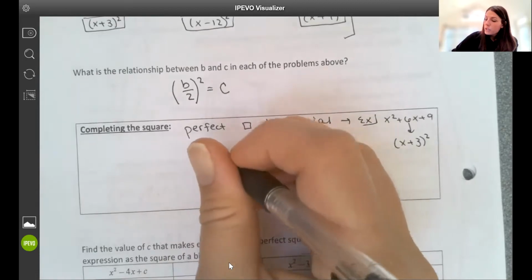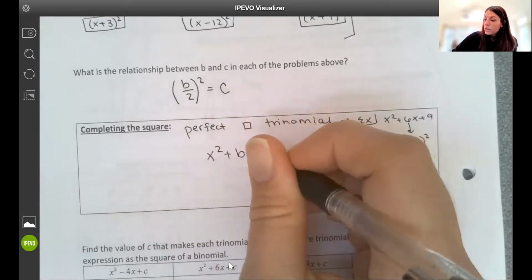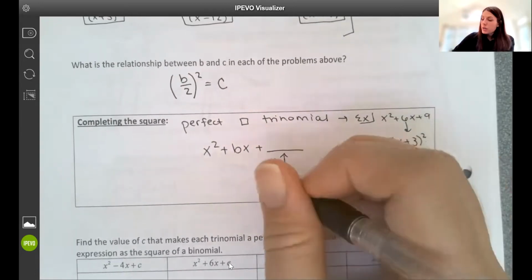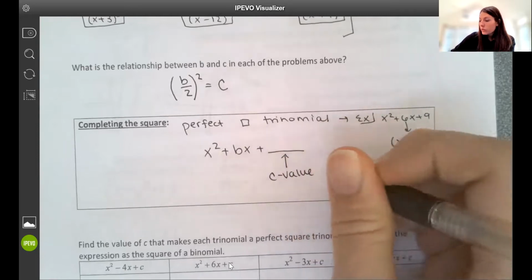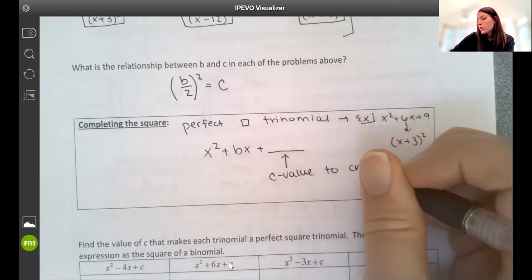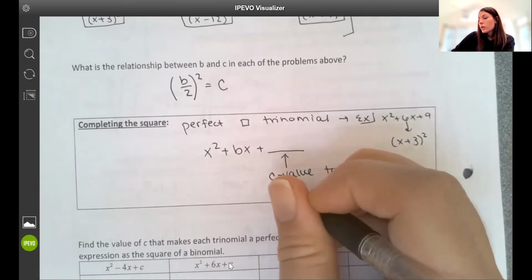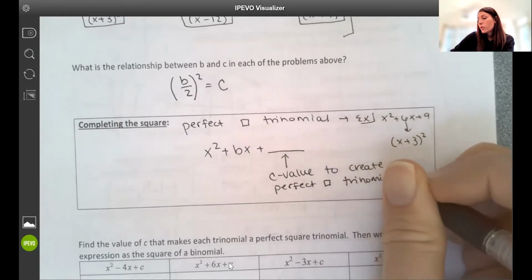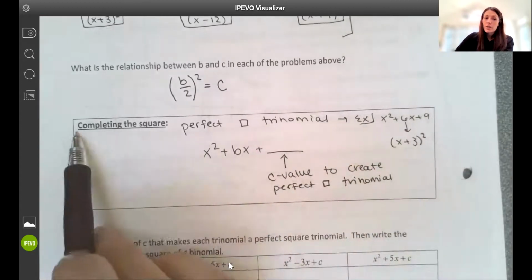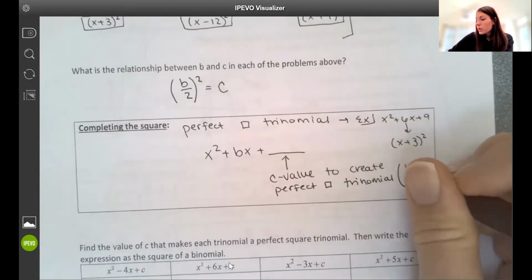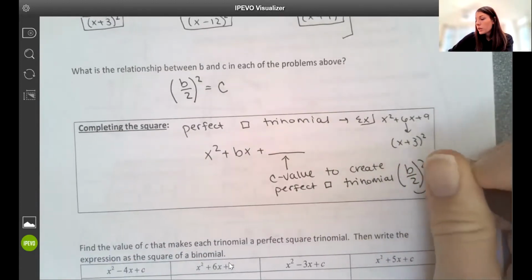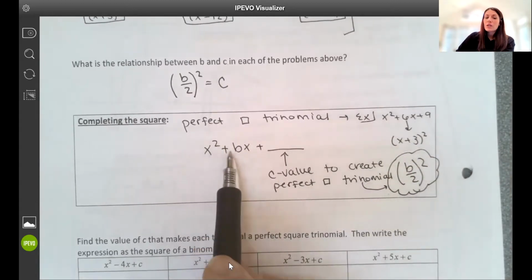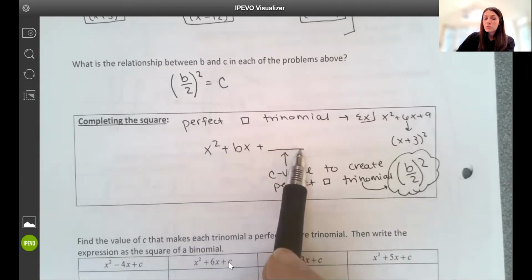And so what we're going to be doing is looking at a problem and deciding what value would go here, what would be the C value to create a perfect square trinomial, or to complete the square. That's why it's called completing the square. And we just talked about that we get it from doing B over 2 squared, okay, that we use that relationship that it's always half of B squared gives me my C value.